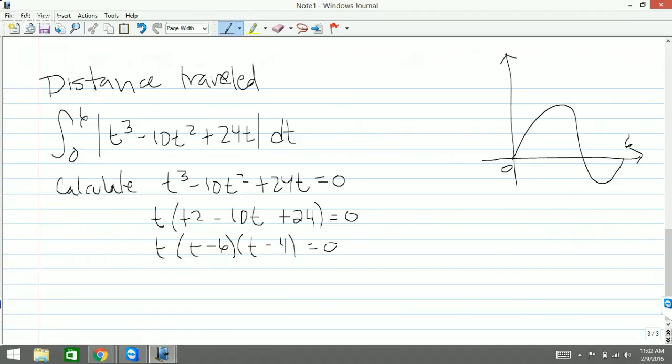Because it has to be negative and negative, right? Because this is positive. So that would be negative 14. All right, good thought. All right, so we have 0, 6, and 4, right? So now we know that this is our spot where it changes direction, and we have to take the absolute value of that.